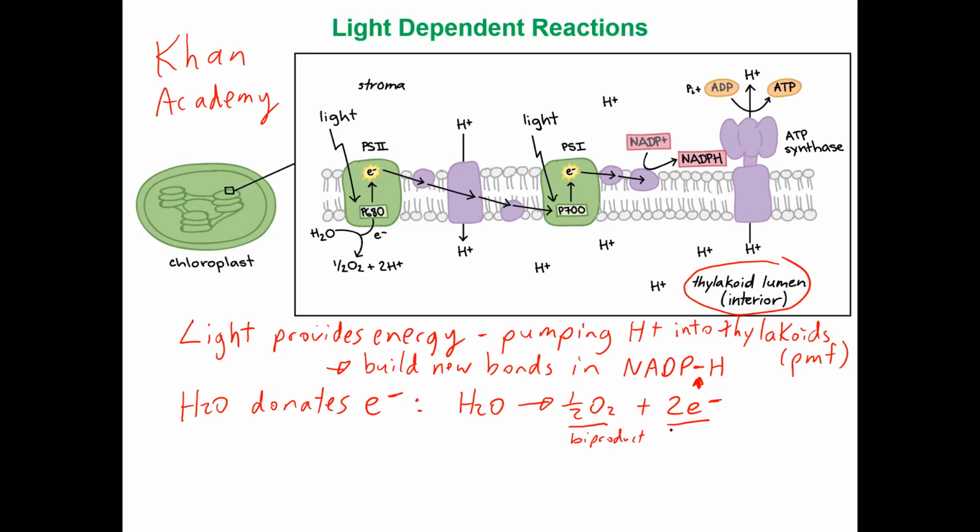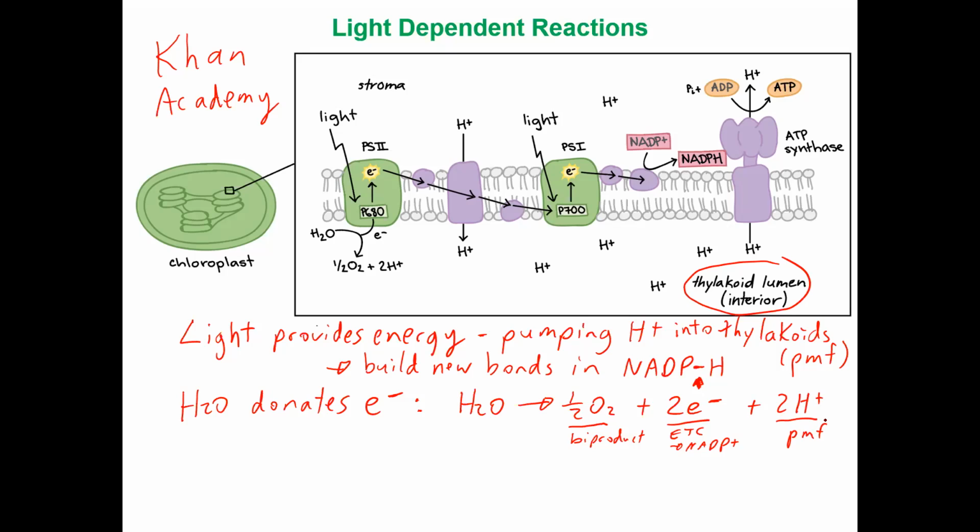Those electrons go to the electron transport chain, and then eventually they end up on NADP+. That's our terminal electron acceptor. That's where the electrons end up, and it becomes NADPH. And the last part is some hydrogens there, and the hydrogens are ultimately just part of the solution, but some of them will be pumped across the membrane and be part of the proton motive force.